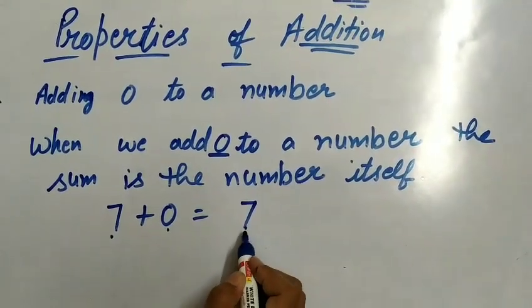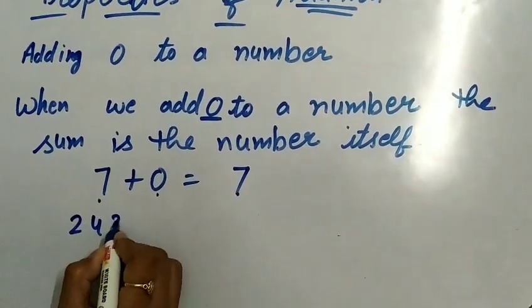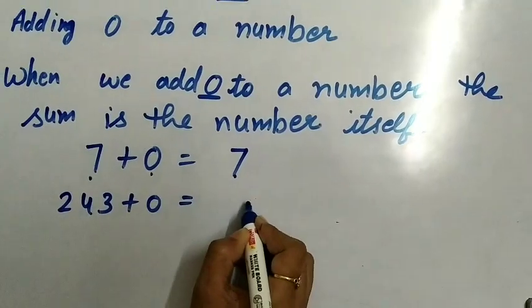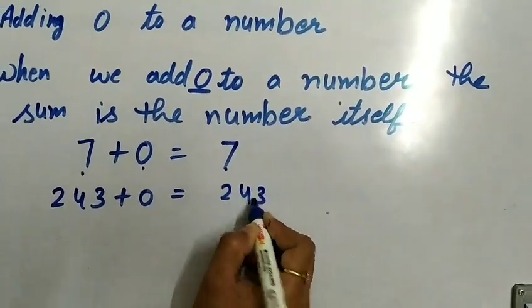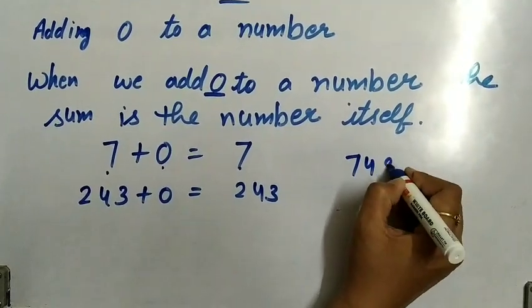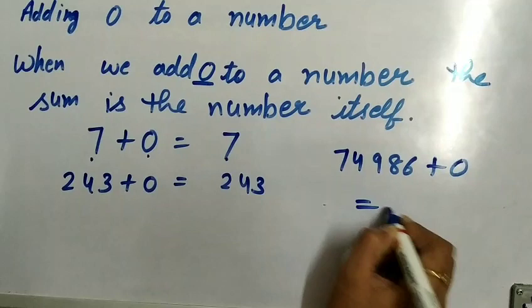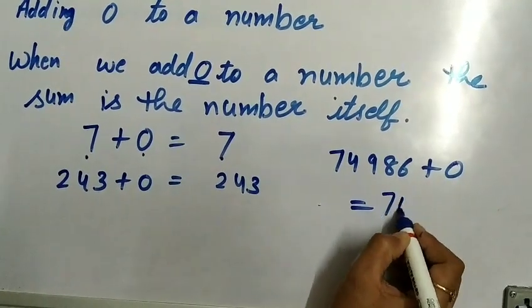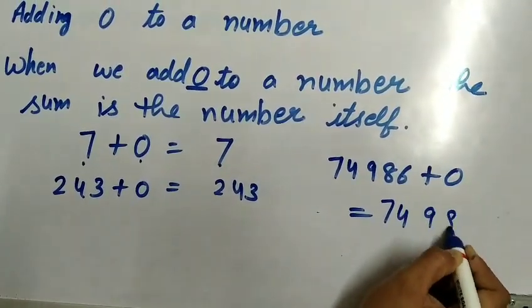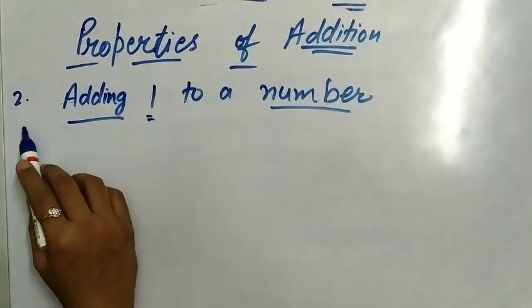The answer is the number itself. And you can say 243 plus 0, your answer is 243. You can take any number. 74,986 plus 0, your answer will be 74,986.